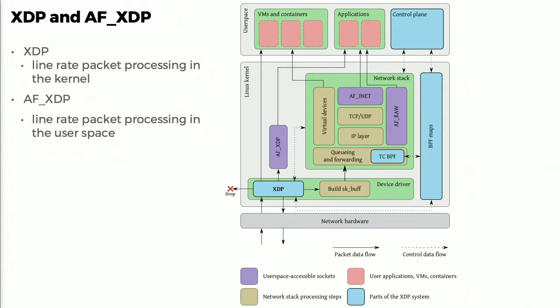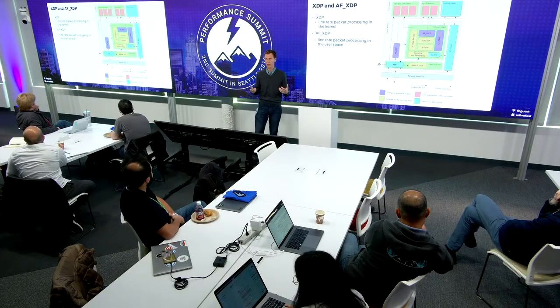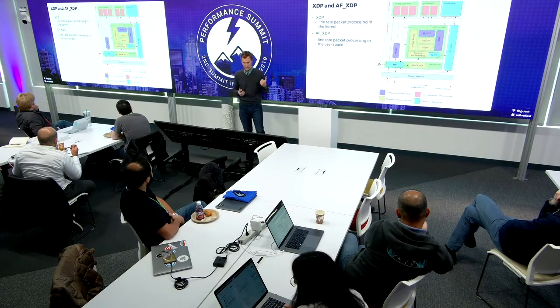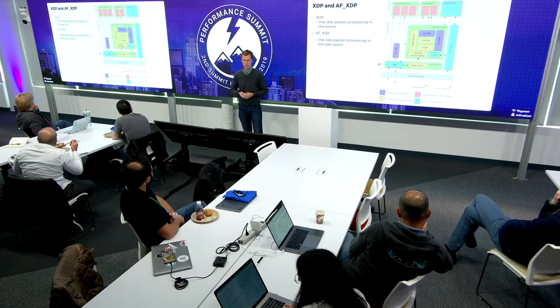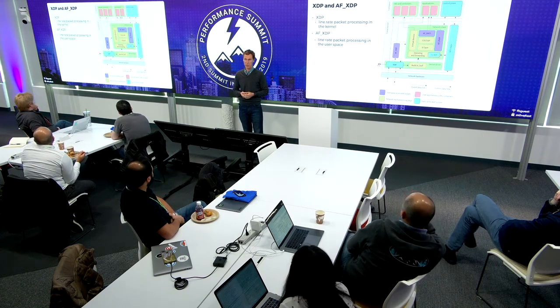AF_XDP in that sense is similar to DPDK, which is a full kernel bypass, but it still works together on a single box, and there are major operational differences versus tools like DPDK that allow us to actually use it in production. XDP is the one that's running everywhere, all over the edge network of Facebook.